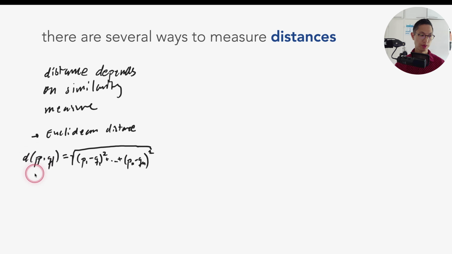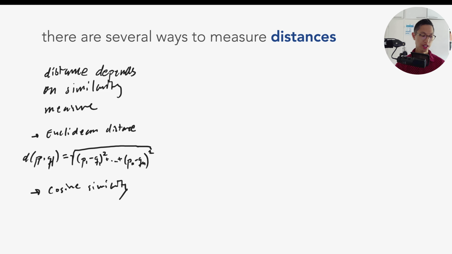The distance between P and Q is basically a theorem in multiple dimensions to find this distance. If you have 2D, you have a Pythagorean theorem to find this distance, and then in multiple dimensions, since you have several features, then you just expand this to the other features.